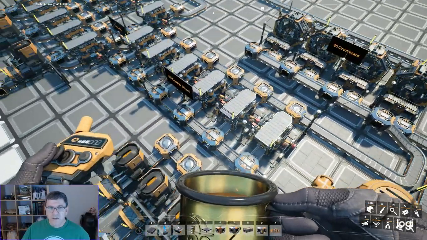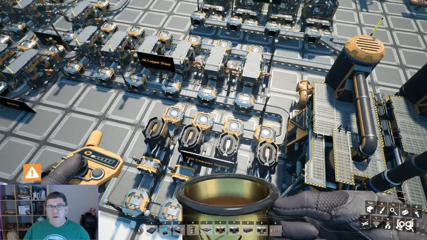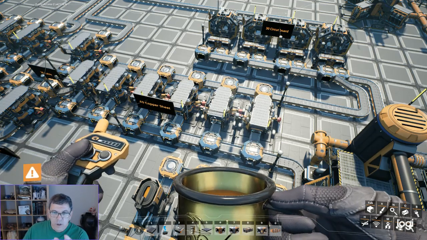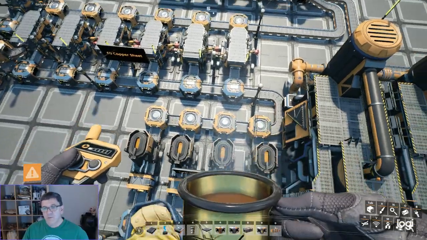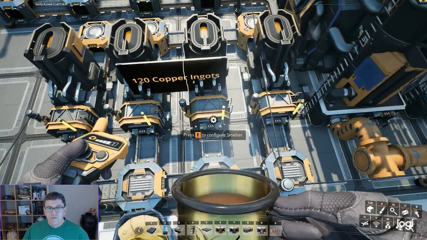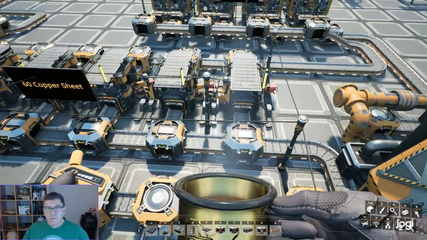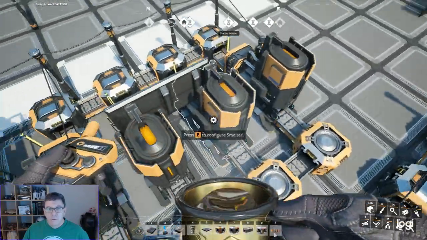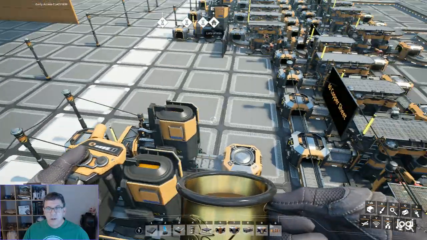But we also need copper sheets. So we're making 120 copper ingots per minute, putting that into our constructors, 1, 2, 3, 4, 5, 6 of them, to make 60 copper sheets per minute. This is the same as we've always been doing, right? 30 copper ore makes 30 copper ingots, and 30, 60, 90, 120.